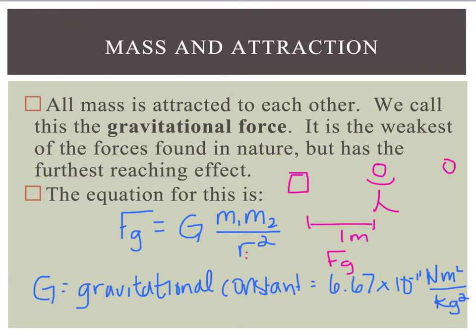Now if we move this person to 2 meters away, and we compare the force of gravity, r squared is now 4. So the force of gravity has now been divided by 4 compared to the original force of gravity when it was 1 meter away. This squared on the bottom means that the further you get away, very quickly the force of gravity drops off in how strong it is.